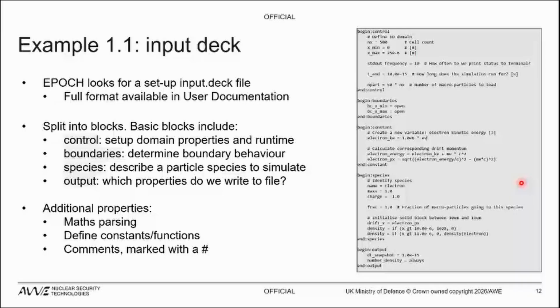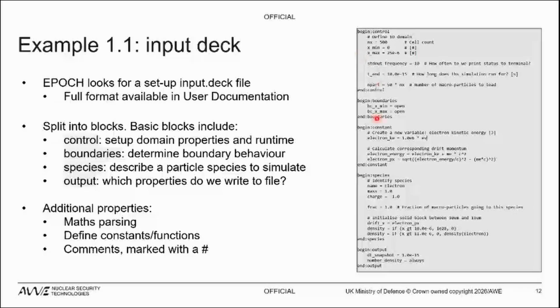And the input deck is broken into blocks. So you have a control block, you have a boundaries block, species blocks, output blocks, and these all control different parts of the simulation. So in the control block, this is all about setting up the domain and the runtime behavior. We have nx equals 500, so we have 500 cells between xmin, xmax of 0 to 25. So 25 micron simulation range, 1D code, 500 cells.